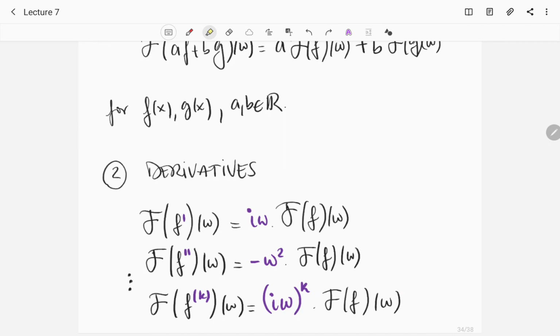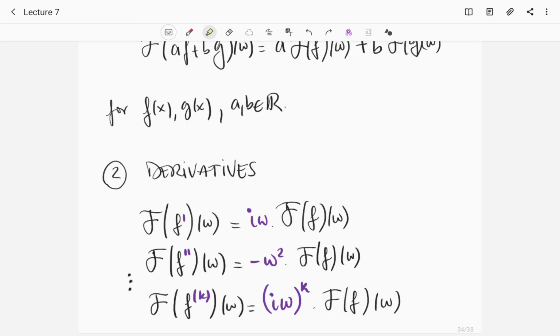We are not going to prove these properties. I think one of them is part of the exercises, but if you want, you can prove it. It's not hard to prove. These are the two main properties that we need to be able to solve partial differential equations in the next lecture.